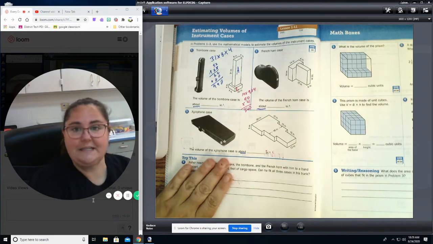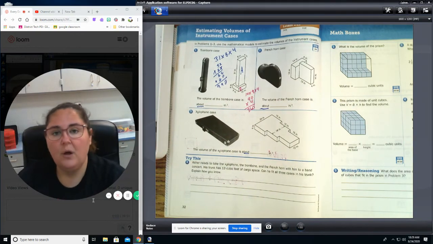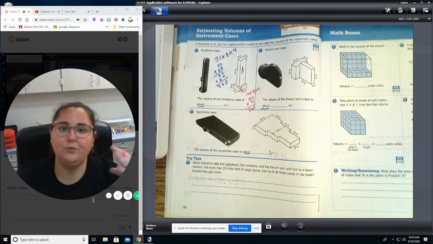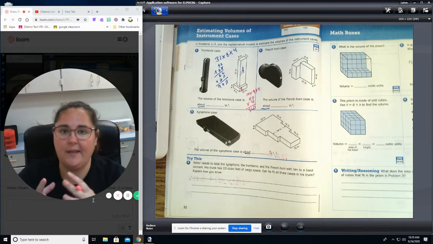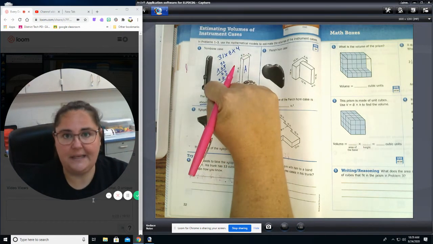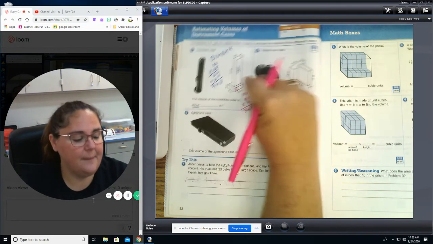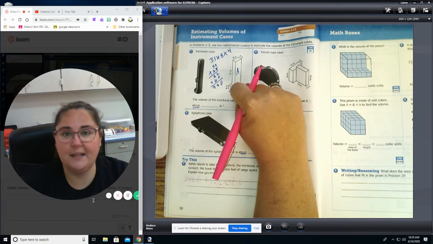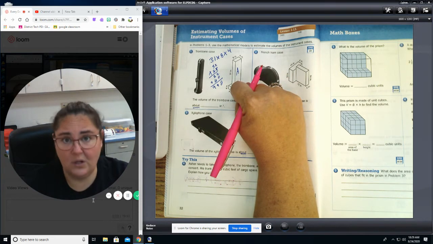Now, what you need to do is add these pieces together. This case is a solid piece. That means I need to figure out, if this was a solid piece, how much it would be total.